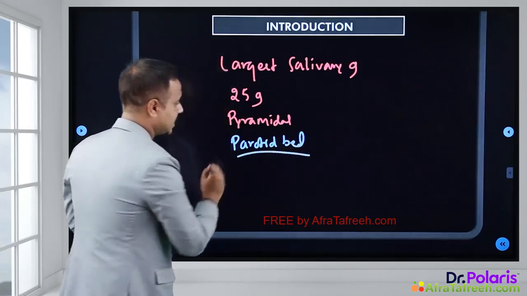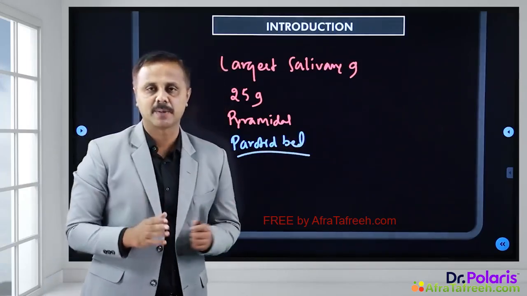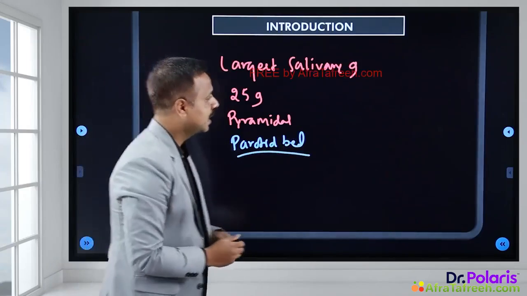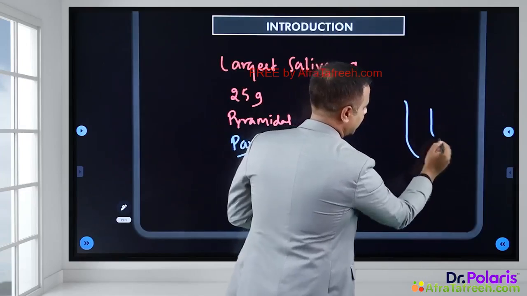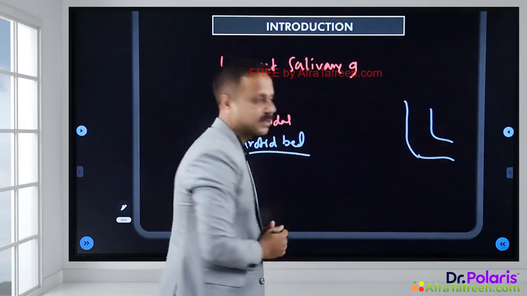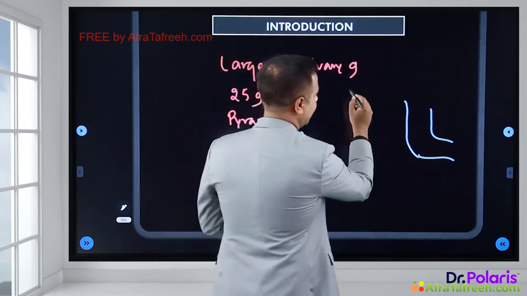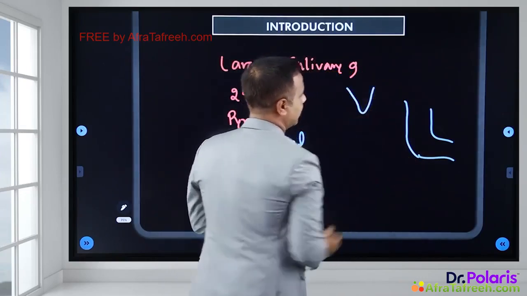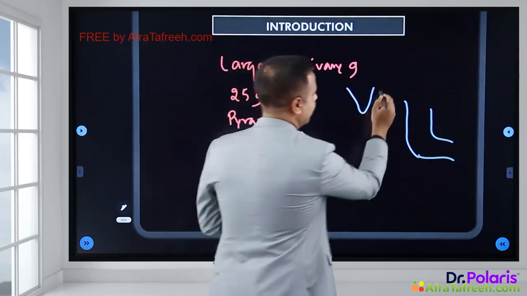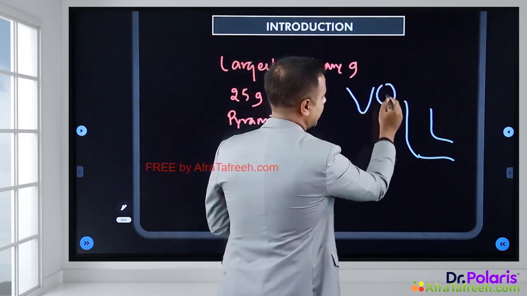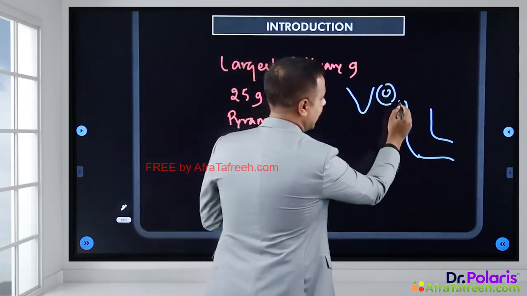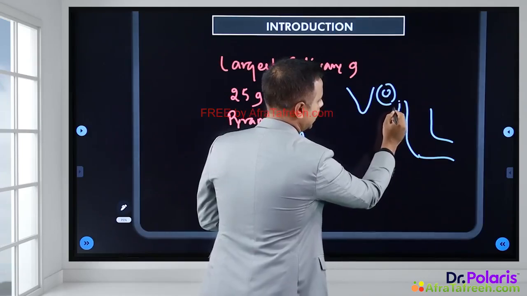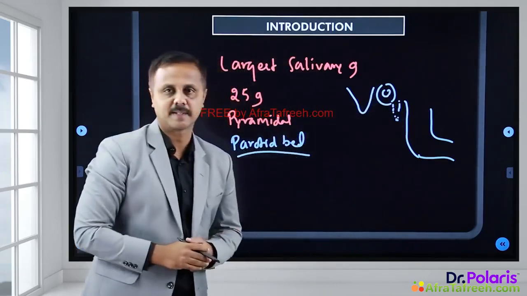Now let's try to understand what exactly is the parotid bed. Remember, the parotid bed is formed anteriorly by the ramus of the mandible. Then we have the mastoid process posteriorly. Then we have the external acoustic meatus above, and medially we have the styloid process.